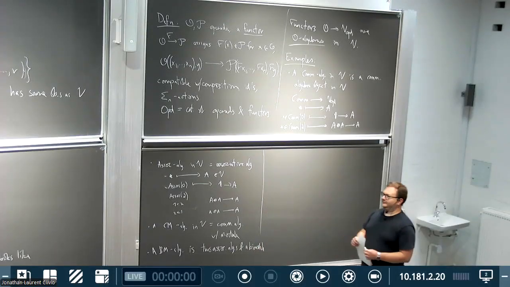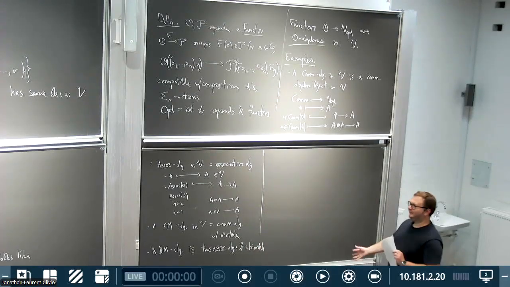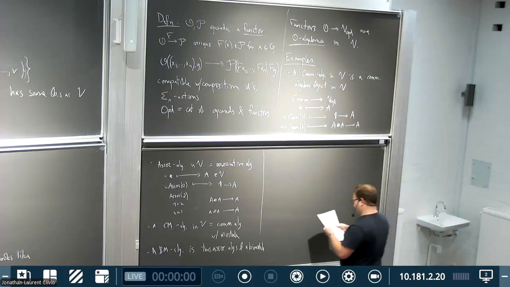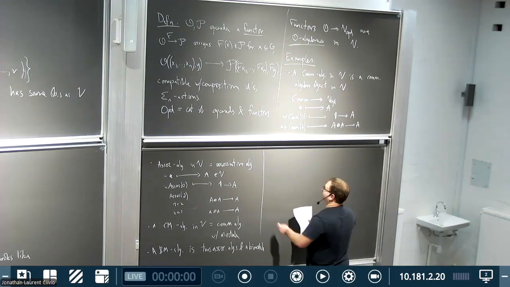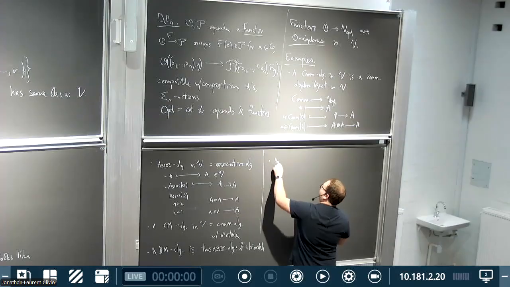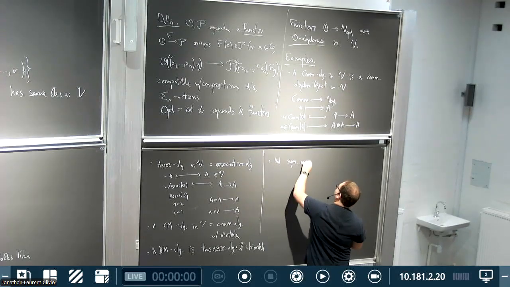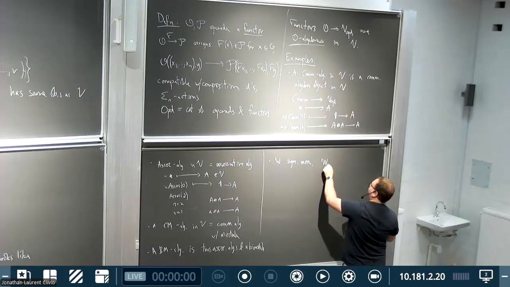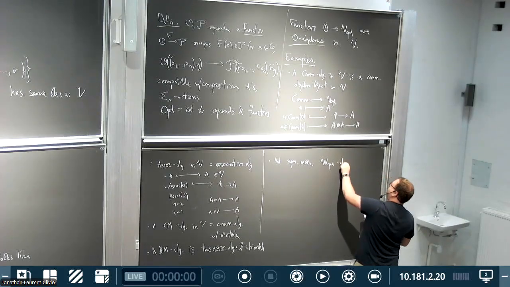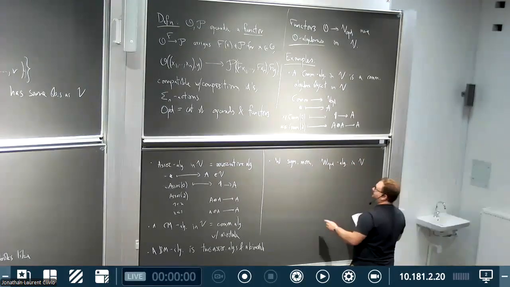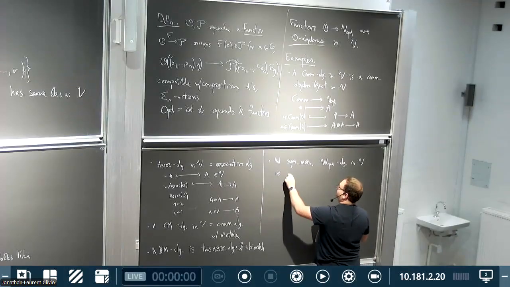I guess if you haven't seen this before, it's a good exercise to think about why that's right. And then finally, if I have another symmetric monoidal category W, then a W algebra in V is the same thing as a lax symmetric monoidal functor.